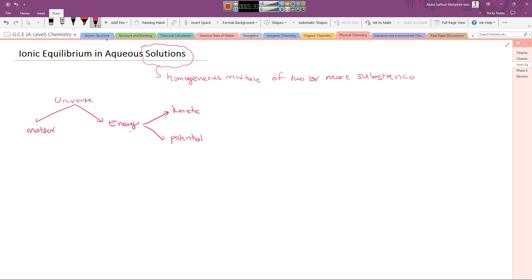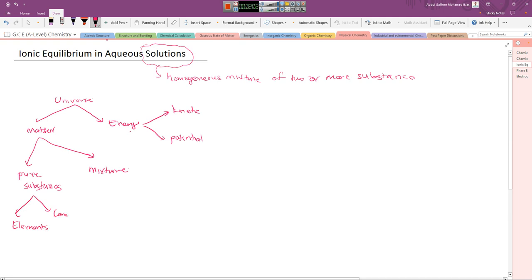So now we can classify matter into pure substances and mixtures. And pure substances can be classified further into elements and compounds. And in mixtures we have homogeneous mixture and heterogeneous mixture.